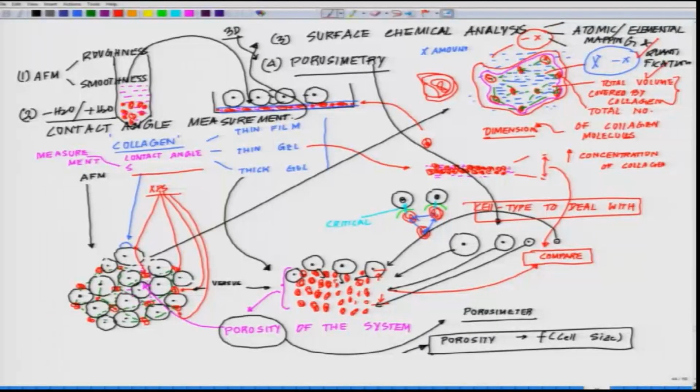Not only that, this three-dimensional matrix ought to be created in such a way that the gaseous exchange happens properly. Okay?